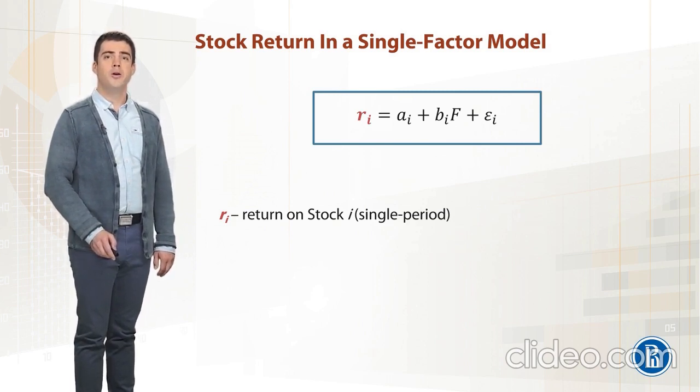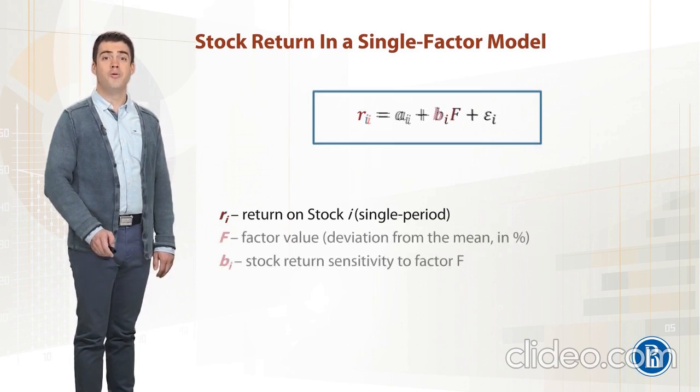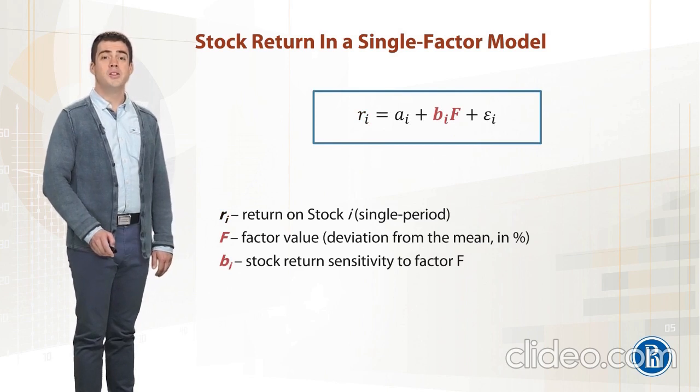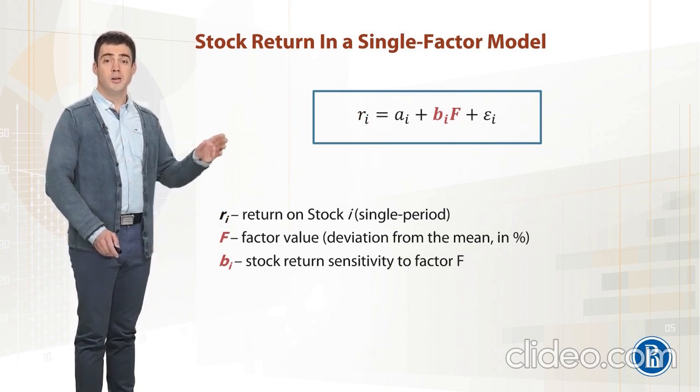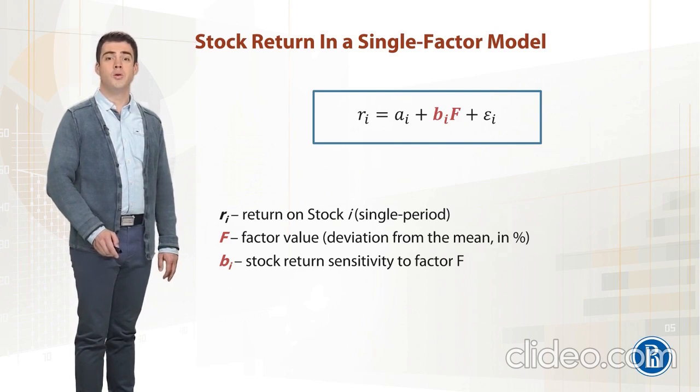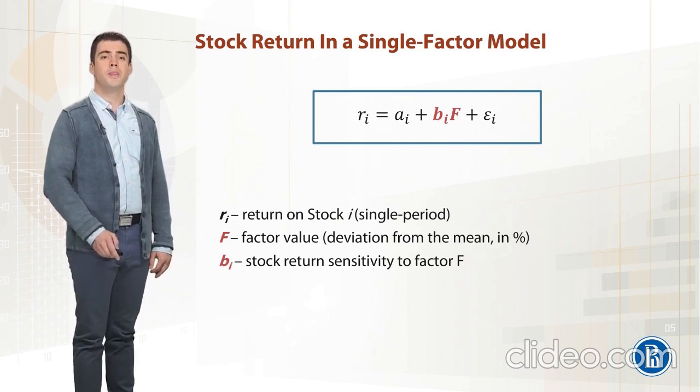And the parameter which helps us explain the variation of the single period return of the given stock is the change in the factor value, which is the only factor which may help us explain the relationship between risk and return in this world.